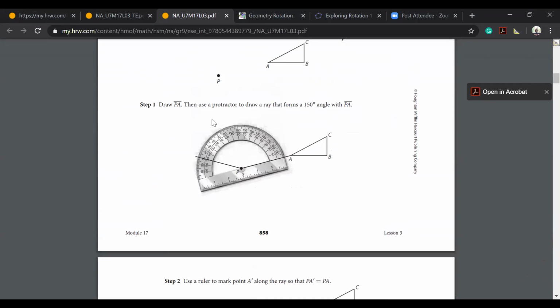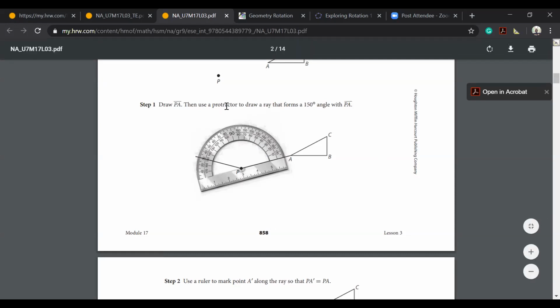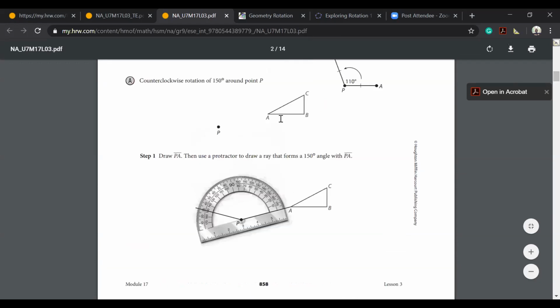And then, the protractor can either be put in this way or it can be put upside down. This 90 can either be up here or, while you are working, you can put it on the other side. Should I put it facing upward or facing downward? It's according to the direction of my rotation.